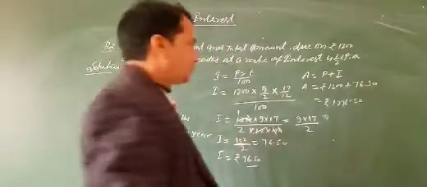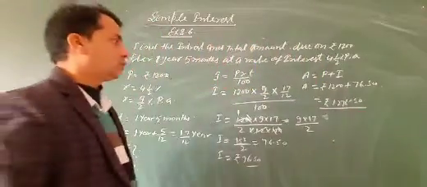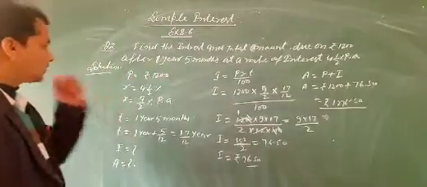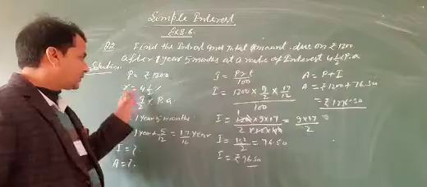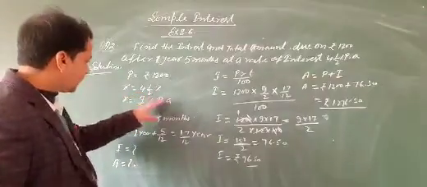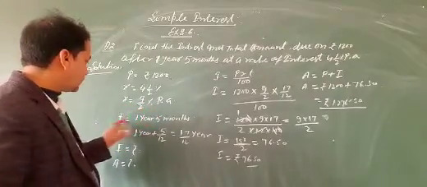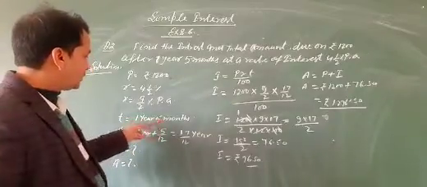Then total amount 1276.50. So it is clear that in this question principal is given here 1200 and rate of interest is here 4 1/2% per annum, then 9/2% per annum, and total time is given here 1 year 5 months.